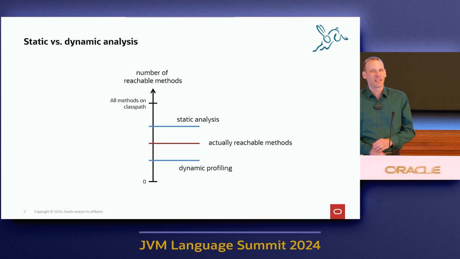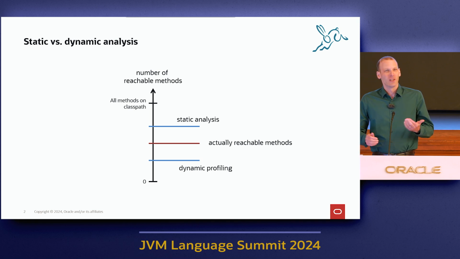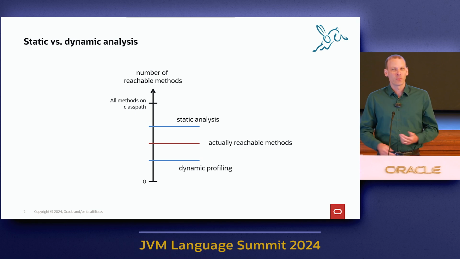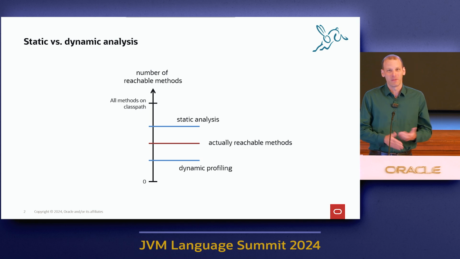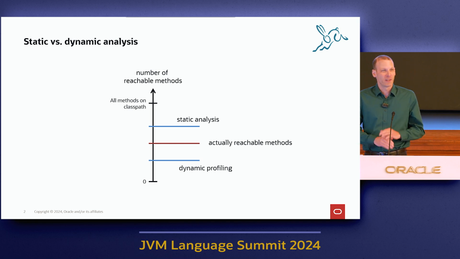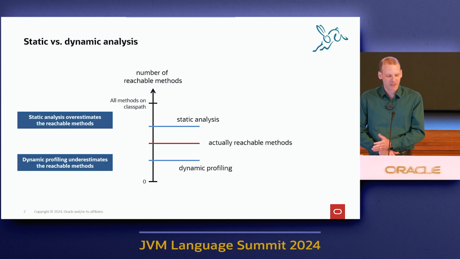And basically, when you do static analysis, you want to find out what can be reachable, which means static analysis is always over-approximating the number of reachable methods, because it will always find more methods that could be executed. On the other hand, when you do dynamic profiling, unless you have a complete test suite that really exercises every path of the application, all sorts of dynamic profiling will always under-approximate the number of reachable methods.